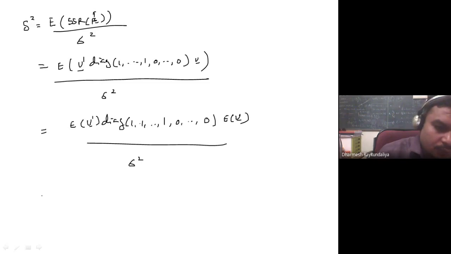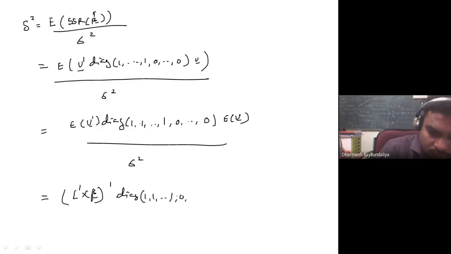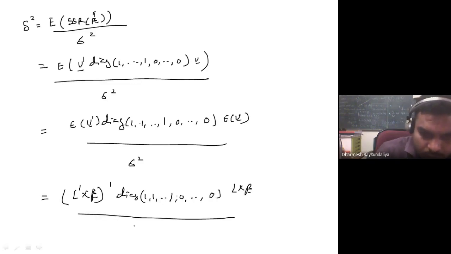But the expectation of U is nothing but L x beta, but here it is a transpose, so this becomes the transpose. This is a diagonal of 1 1 1 0 0 0. This is L x beta upon sigma square.